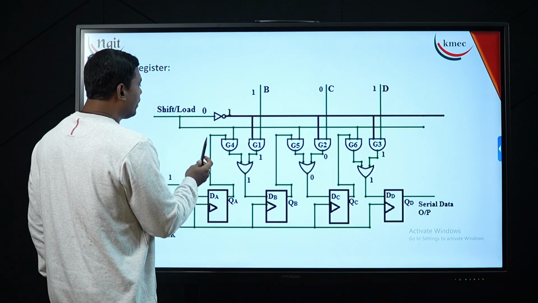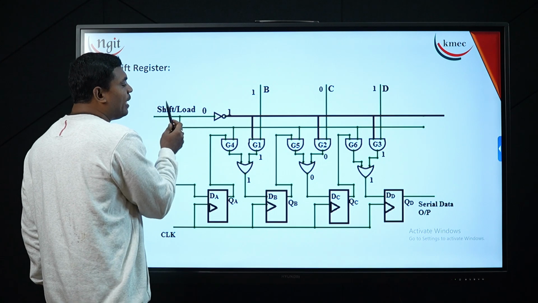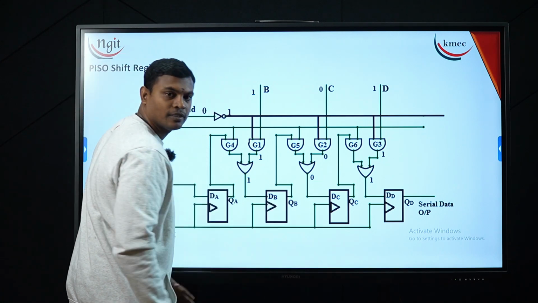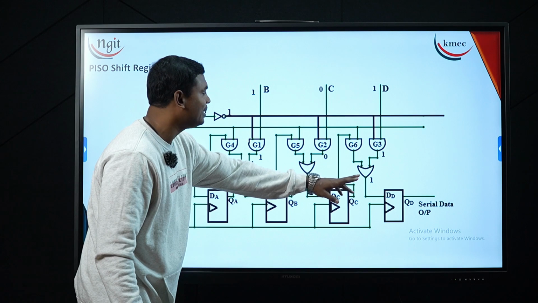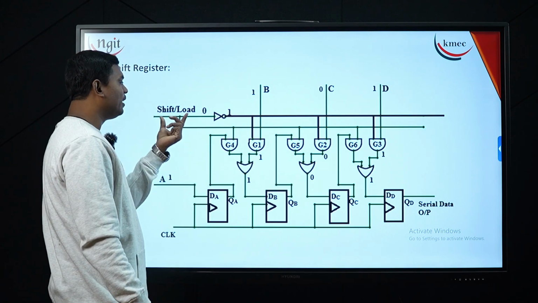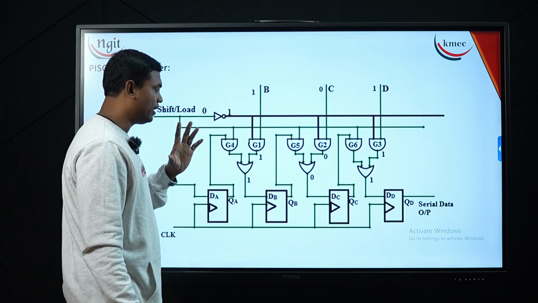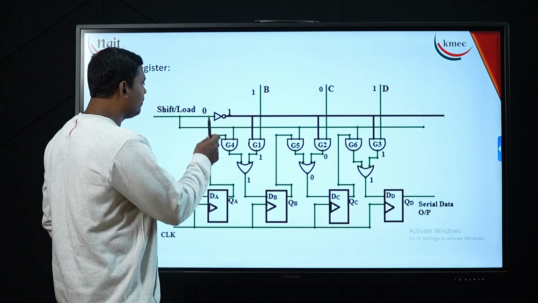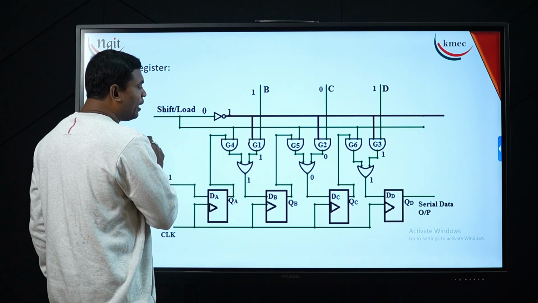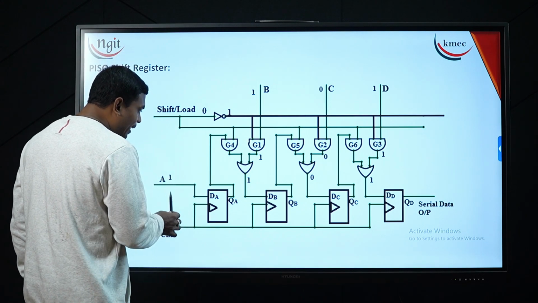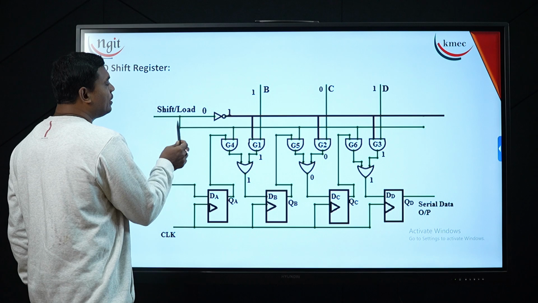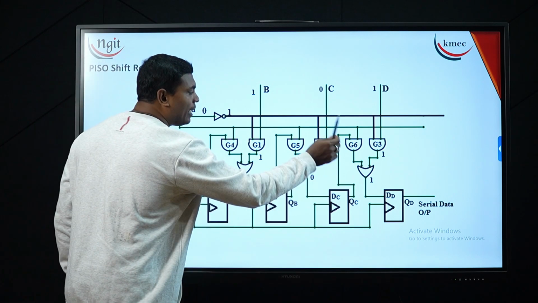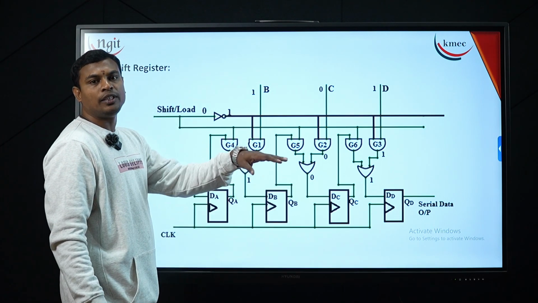Now you can see here, I am placing a shift and load controller between the flip-flops. So there are 3 setups which control whether to shift the data or to load the data. When shift/load bar is active high, it acts as a serial shift register.